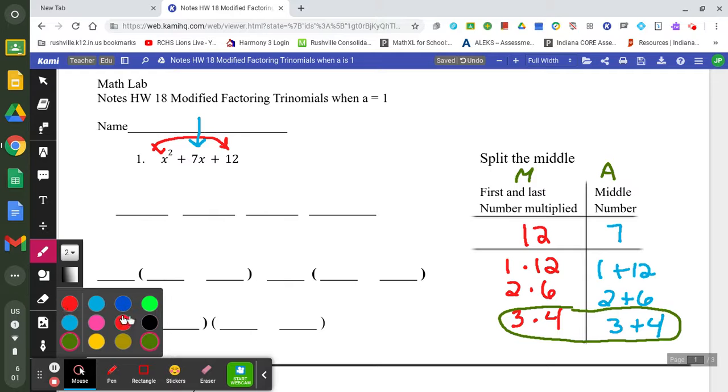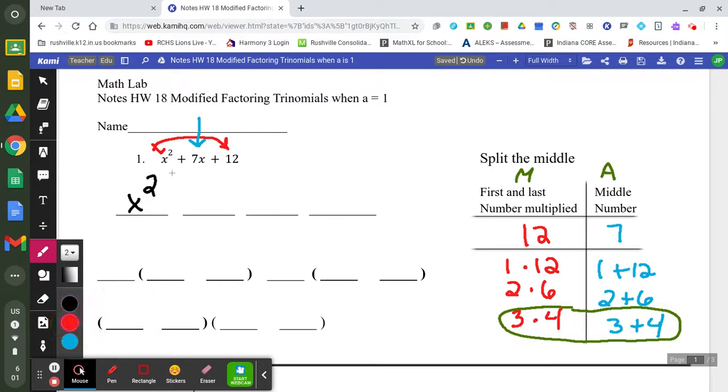The first term will always be whatever the first term originally was, so x squared. The next term is going to be one of these numbers, and we have to make sure that we have a sign in between each of our terms. So because the 3 and the 4 are both positive, it's plus 3.